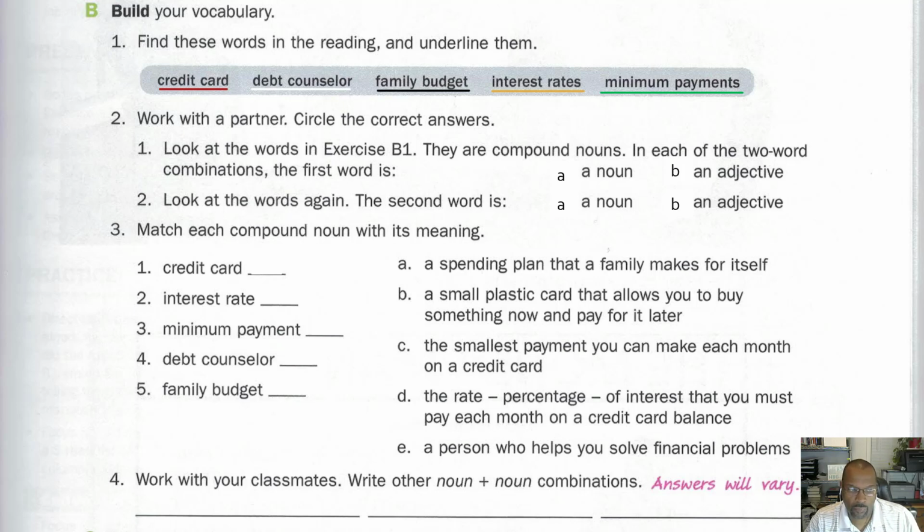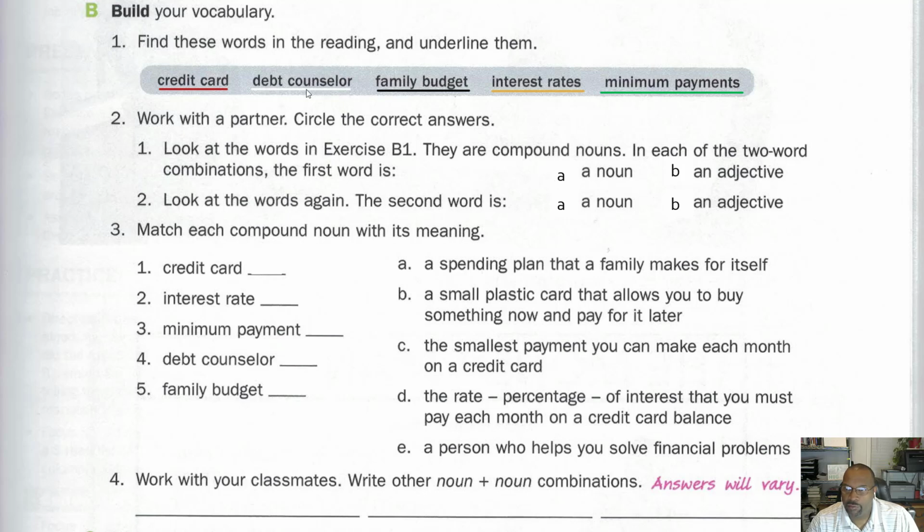First, the compound noun is credit card. Credit is a noun. So I would circle A for a noun.